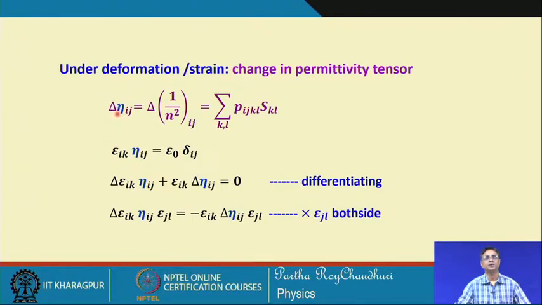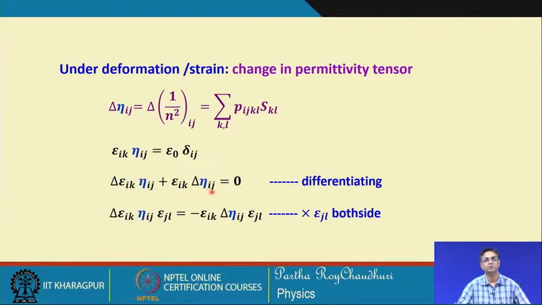Now, if we represent delta eta I j equal to this, take this one. Now you differentiate, then you can represent this as delta eta I k, delta epsilon I k and eta I j plus epsilon I k delta eta I j, this is equal to 0.